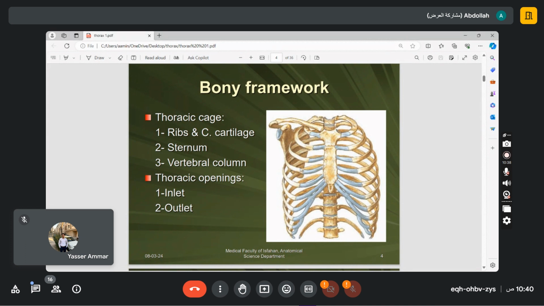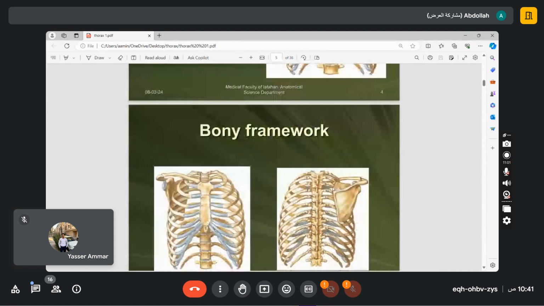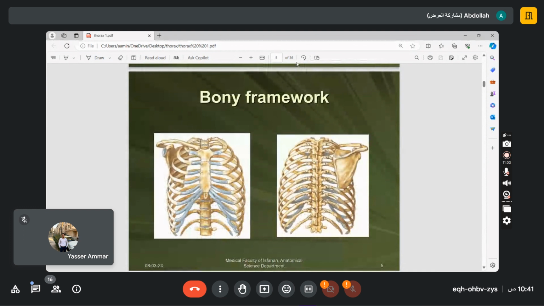The thoracic cage has one inlet, here, and one outlet. The inlet connects the neck with the thoracic cage, and the outlet connects the thoracic cage with the abdominal cavity. So there are the thoracic inlet and outlet.